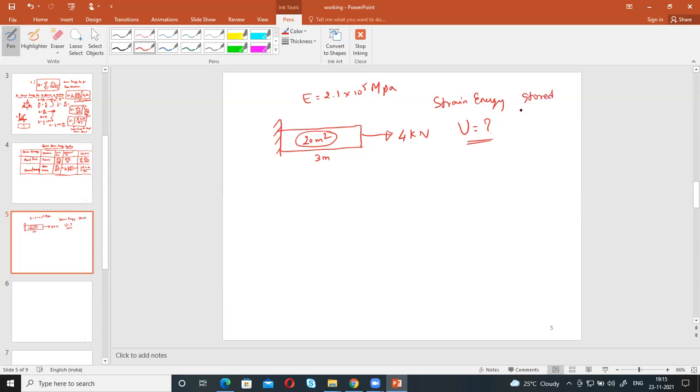Yes, answers. What is the equation for this? This is a bar element. It's not a beam or it is not a truss. It's F square L by 2AE, the equation for a single bar element.